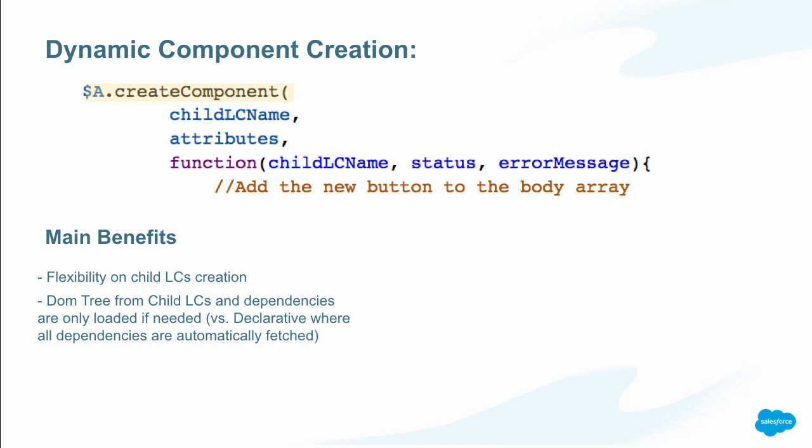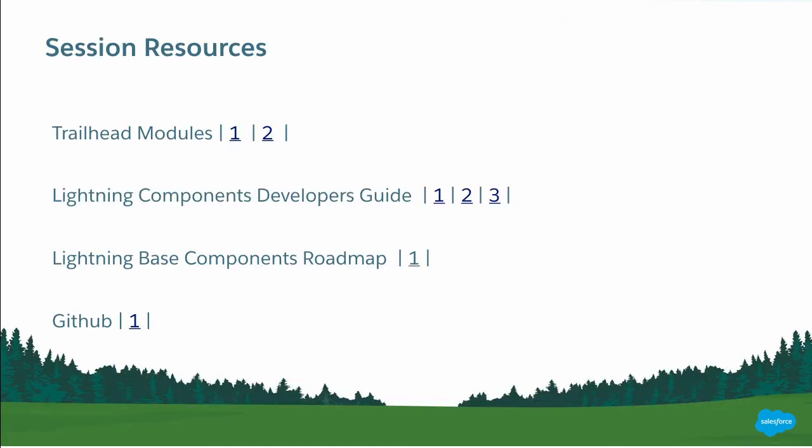You want to create a child component with one attribute value, and others with other attribute values. If you create child components from the parent's JavaScript code, you gain a lot more flexibility as developers. You also get performance benefits, because just like aura:if, you're only loading and creating those child components if absolutely needed. You're not putting everything inside your parent's HTML DOM tree.